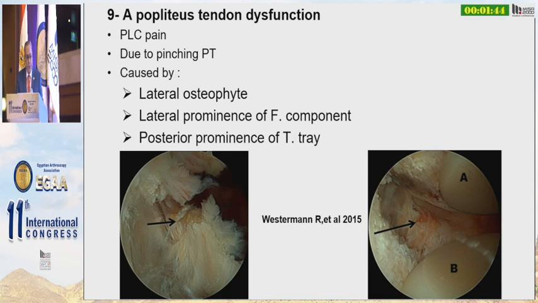It causes posterolateral corner pain due to pinching of popliteus tendon caused by lateral osteophyte, lateral prominence of femoral component, posterior prominence of tibial tray.